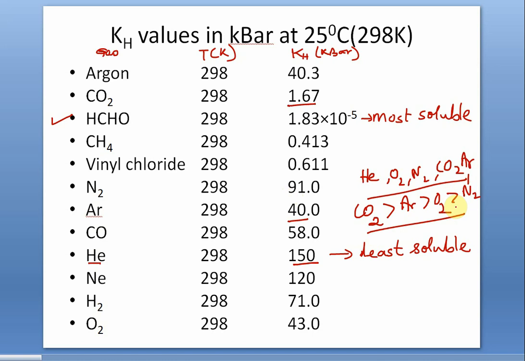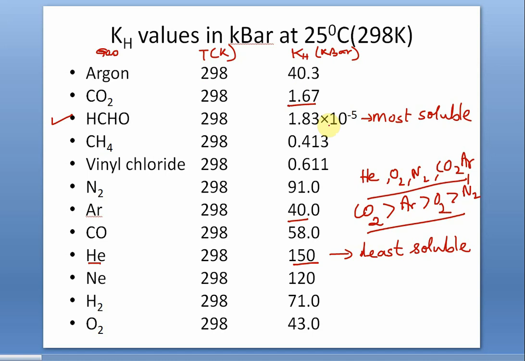If it is ammonia, I have not given you the value of ammonia. We have taken a numerical to find the Kh of ammonia. It is very small, like formaldehyde. In this particular unit, kilobar, it is very, very less, even lesser than formaldehyde.